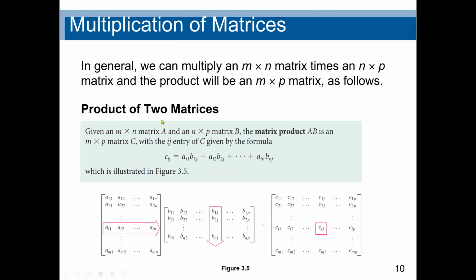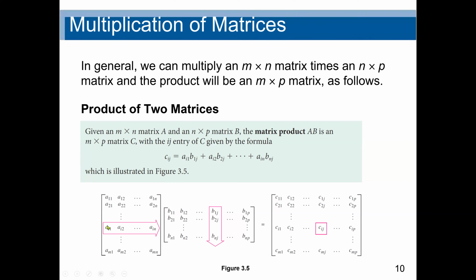Now, what if we have 2 matrices and each one has more than 1 row or more than 1 column? Remember last time we said if a matrix has only 1 row or 1 column, it's called a vector matrix. So we are going to do a multiplication of 2 matrices and they are not vectors.